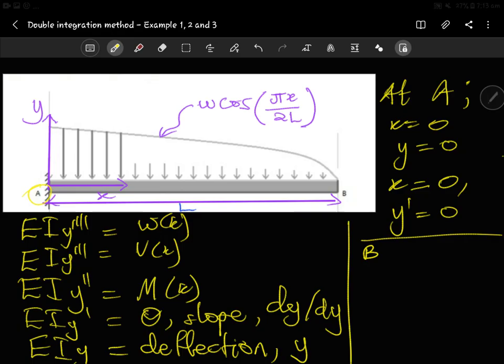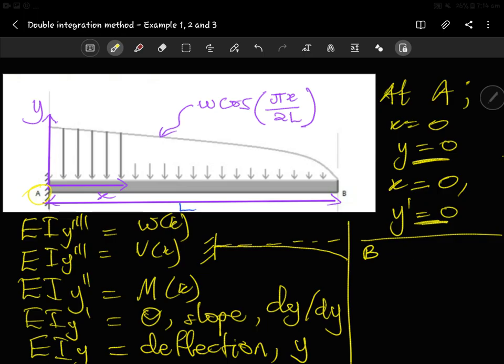In a cantilever, this is your beam in its initial position, and if there's any bending, it will be something of this sort, and here will be the support. Even after bending, there will be no deflection here and no slope here. So there's no deflection, there's no slope.